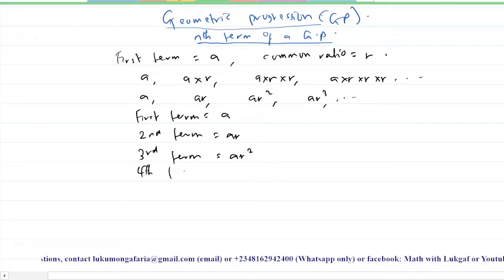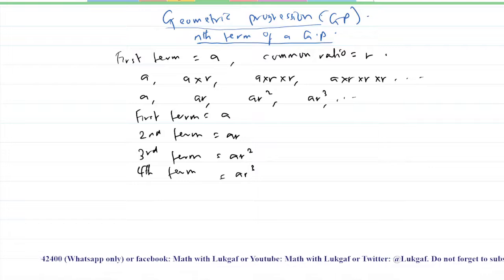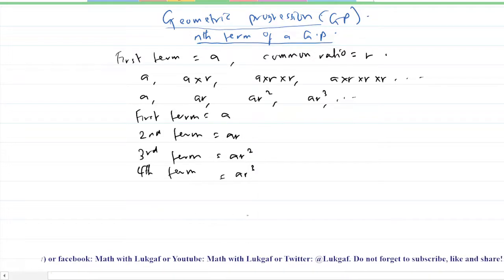My fourth term is AR raised to power 3. What do you observe? You will see that when I have the fourth term, for example, the index on top of the common ratio R is 3, which is the same thing as 4 minus 1.